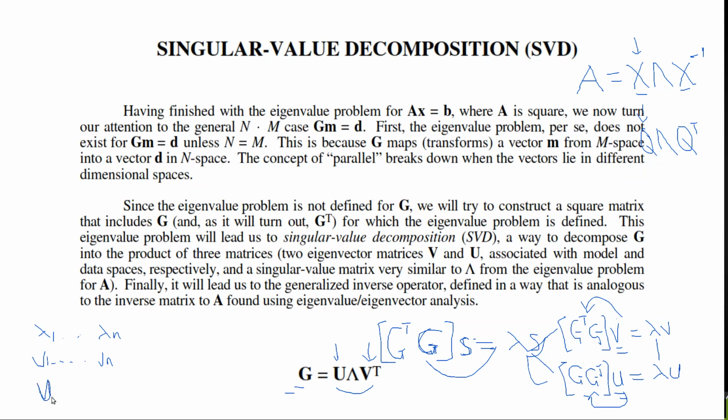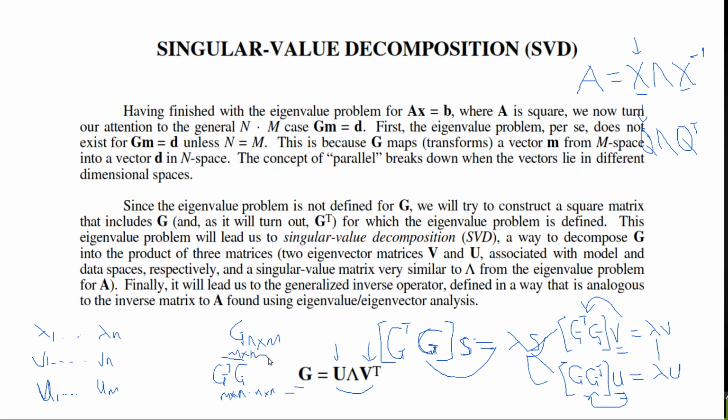The sizes of these two matrices are not the same, because if G is n by m, then G transpose G will be m by n times n by m, so the size of this matrix will be m by m.